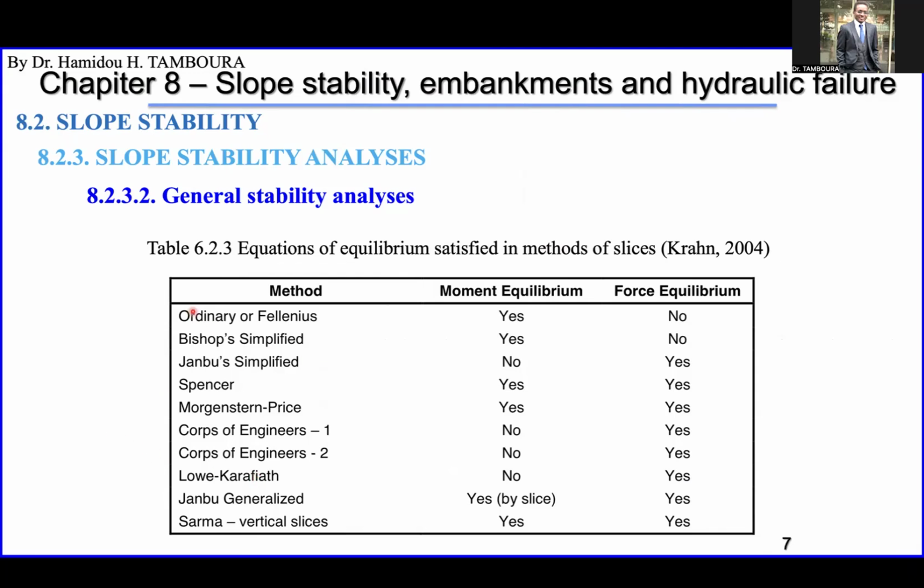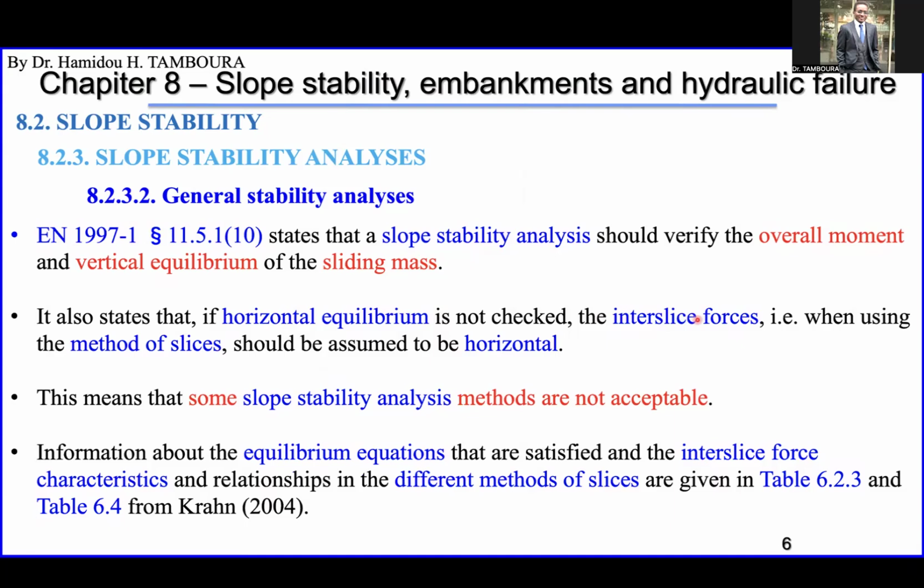So if you see each of them, the ordinary or Fellenius method, you can see that this can satisfy the moment equilibrium, but doesn't satisfy the force equilibrium. Yeah. So if we go back to the previous slide here, it is saying slope stability analysis should verify the overall moment and vertical equilibrium of the sliding mass.